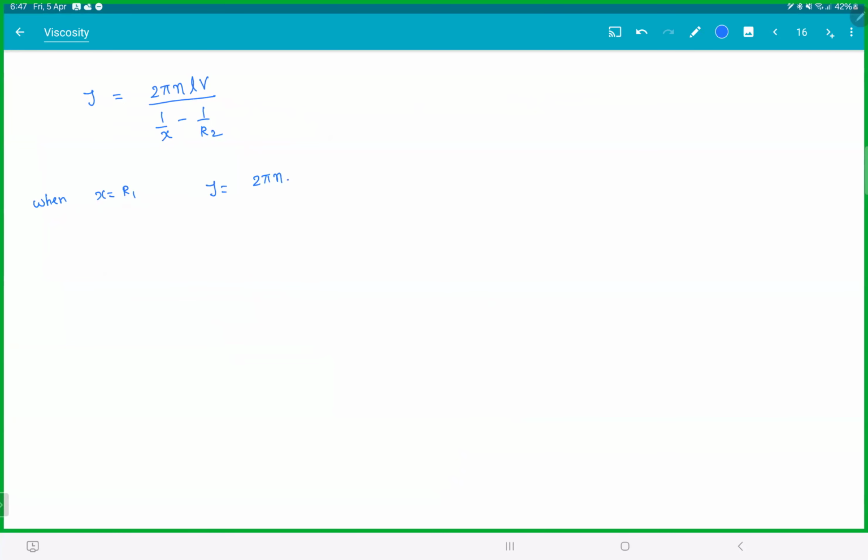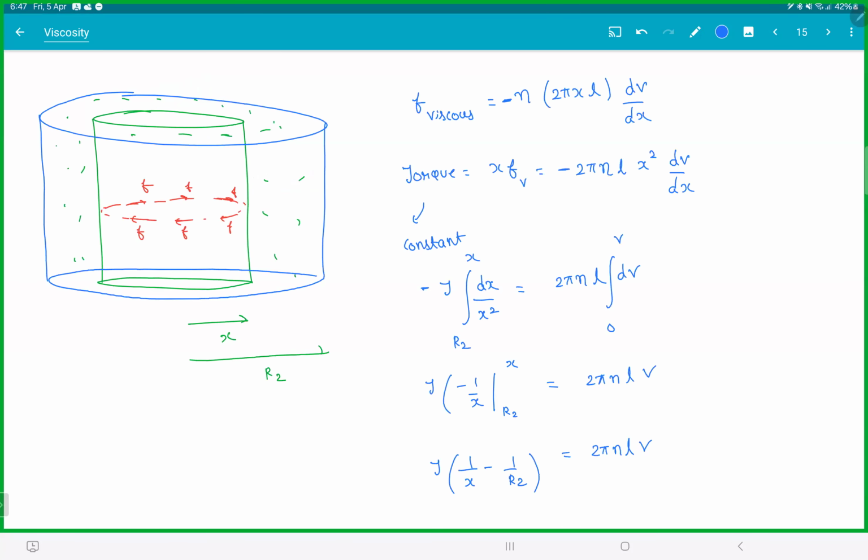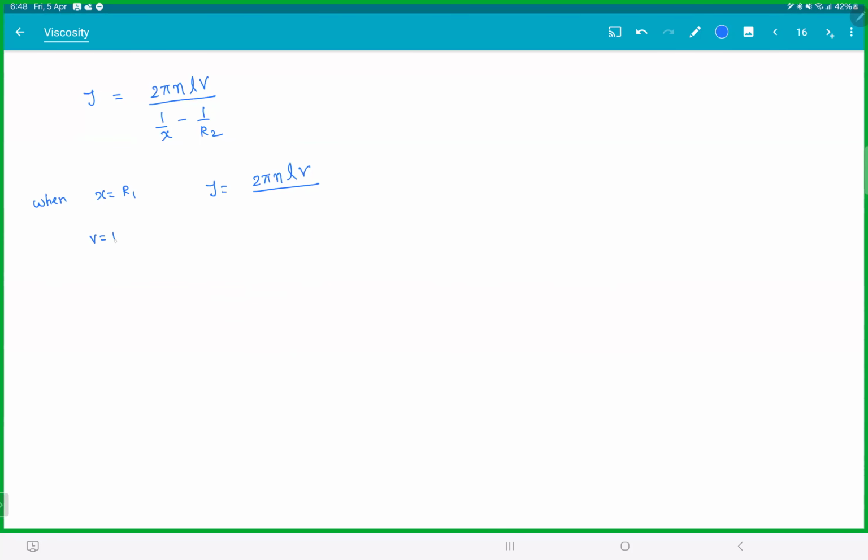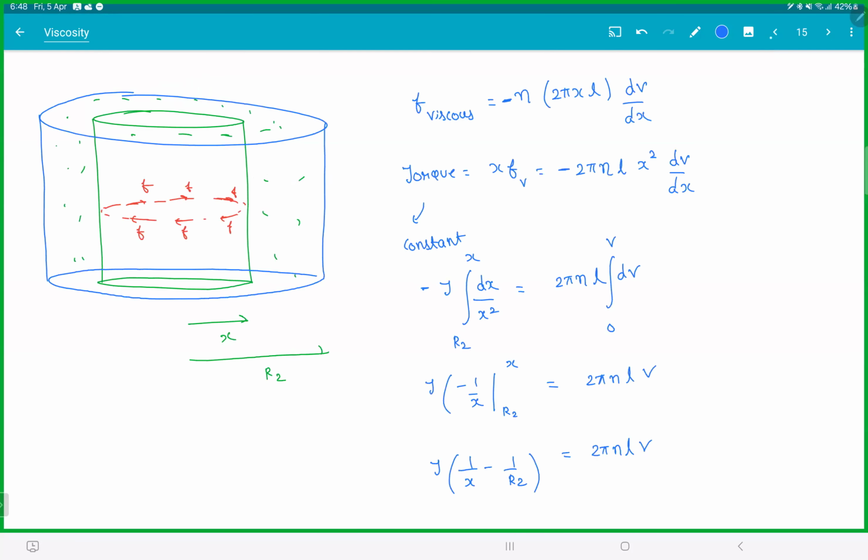This will be 2 pi eta LV by, what is this V exactly? This V is the velocity of the layer. When X is equal to R1, V will be equal to R1 omega, substitute there. So won't that be 1 by R2 minus 1 by R1?